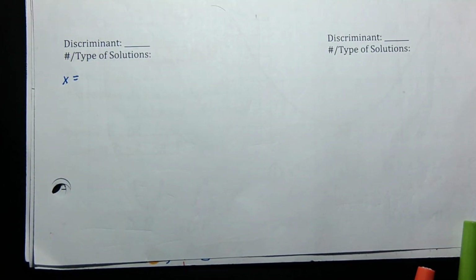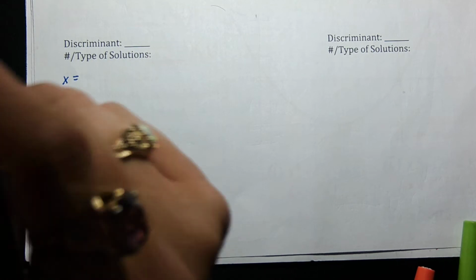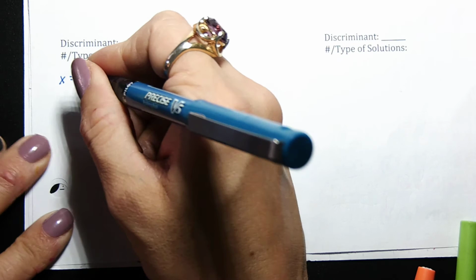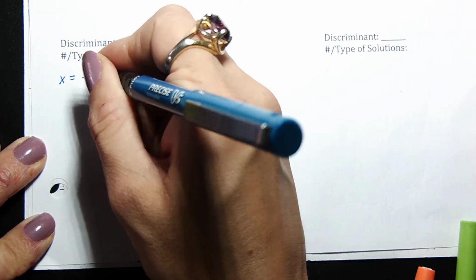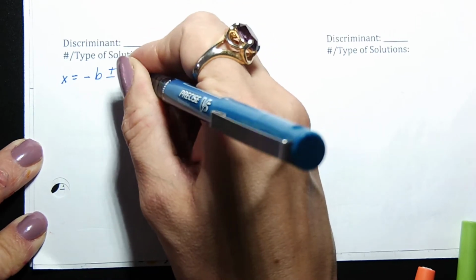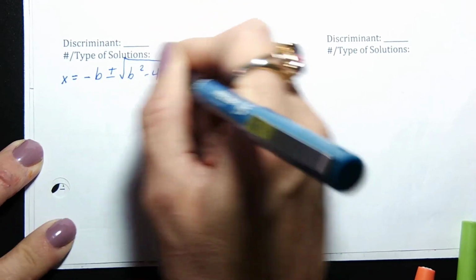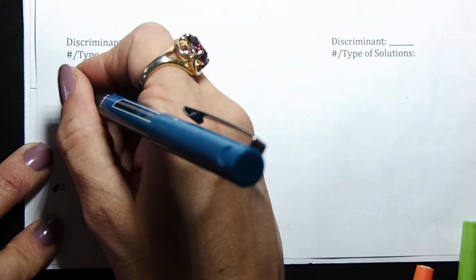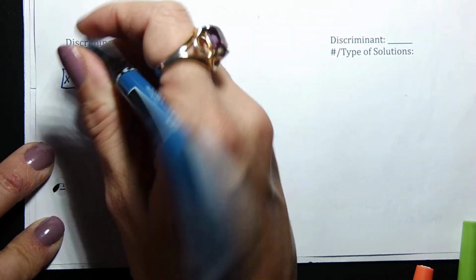You can hum to yourself. It's all good. Quadratic formula is x equals negative b plus or minus the square root of b squared minus 4ac all over 2a. Make sure you've got that x equals there.